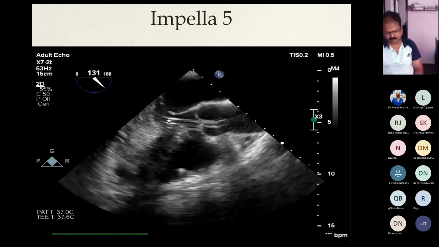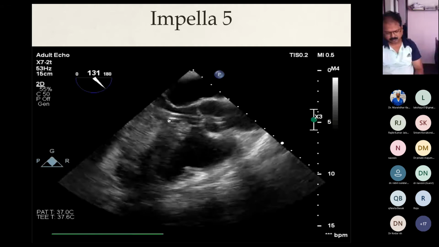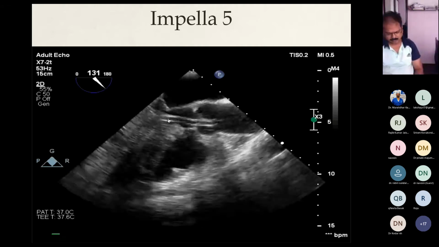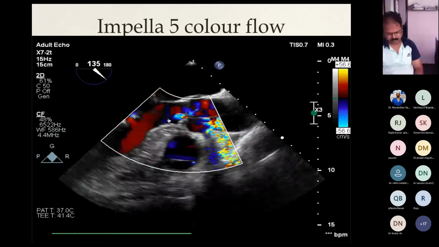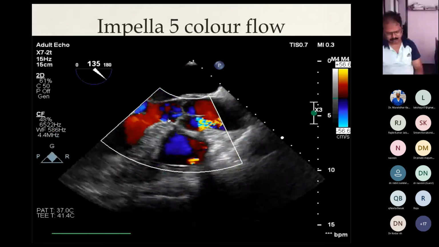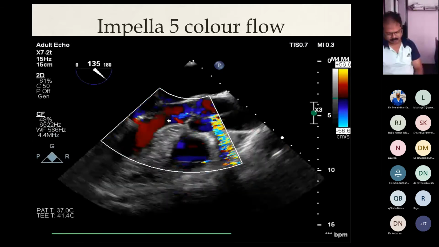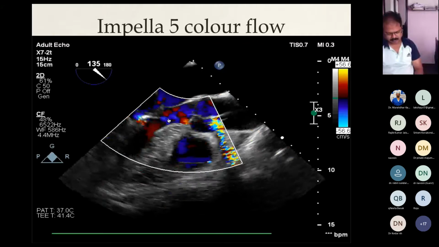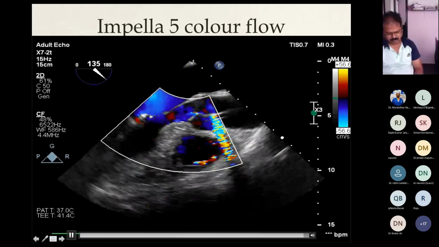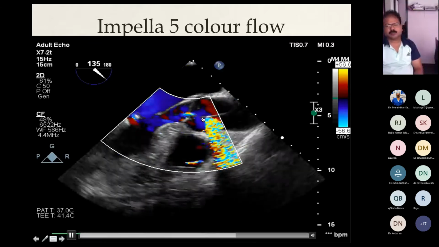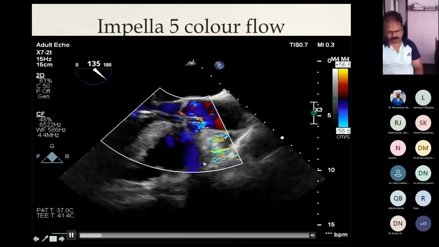If you push it too far, it will abut against the LV wall and will not function well. If you pull it out too much, it will suck from the aorta and deliver into the aorta, so it will not work. Ideally, the color flow in the Impella should look like this: it's sucking blood from the LV and delivering into the ascending aorta.